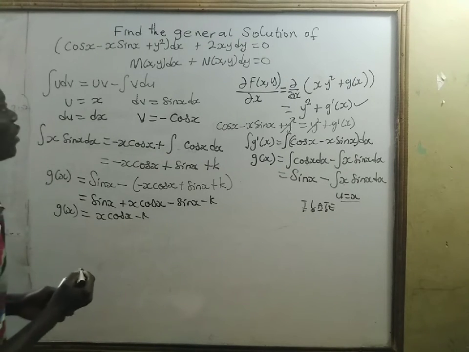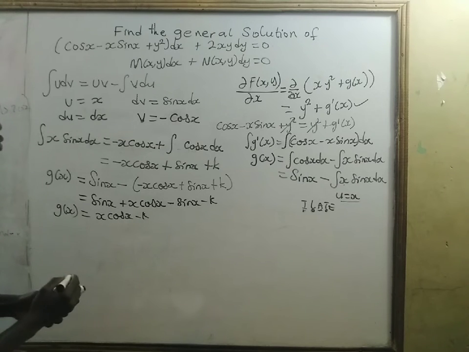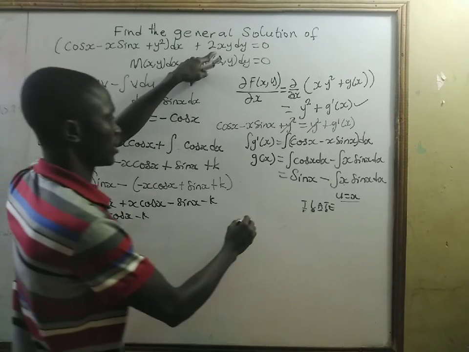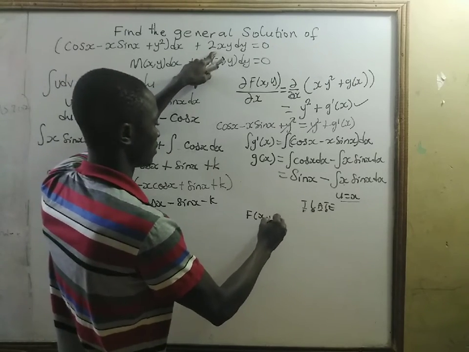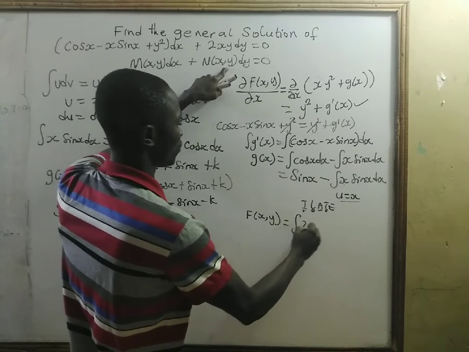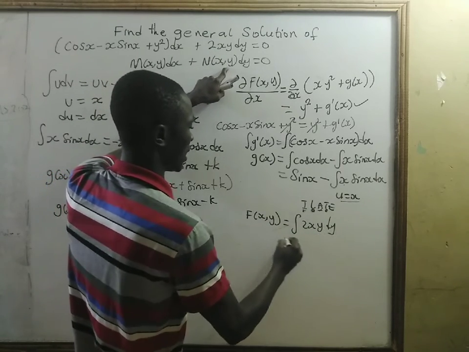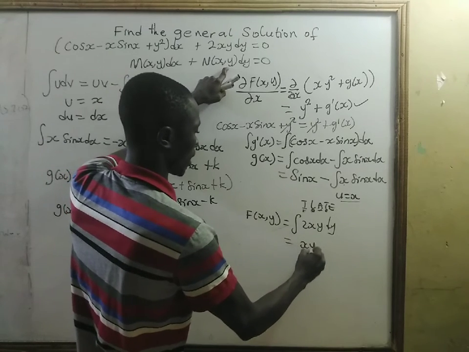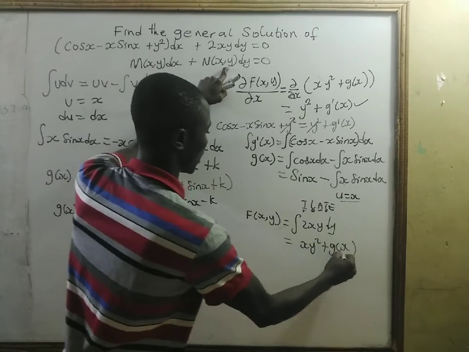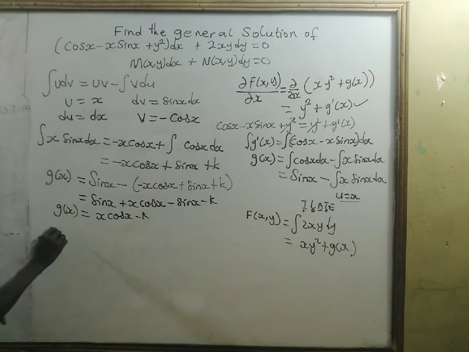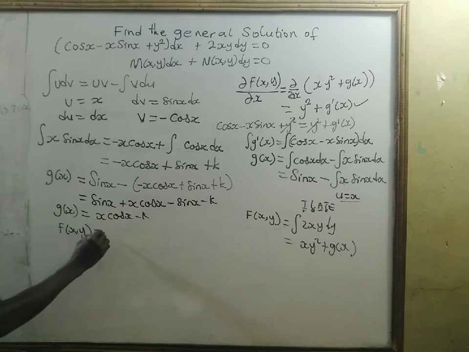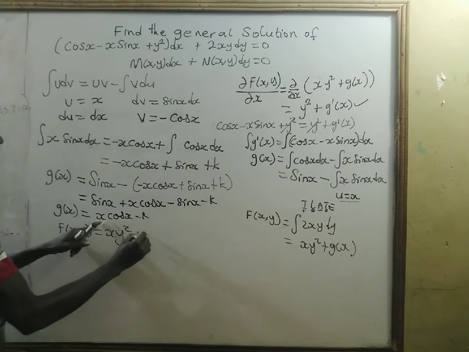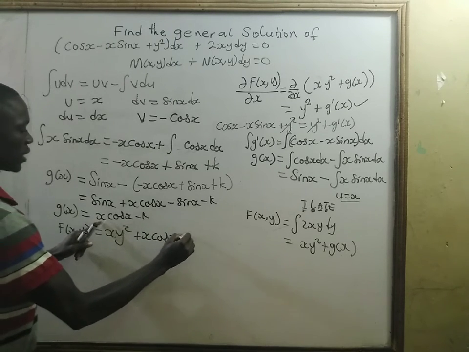So our original function, the first one, I've cleaned it, but we'll get it here. We took this one as our f of x equal to the integral of 2xy dy, and we had xy squared plus g of x. So now we are going to have our f of x, y equal to xy squared plus x cosine of x minus k.